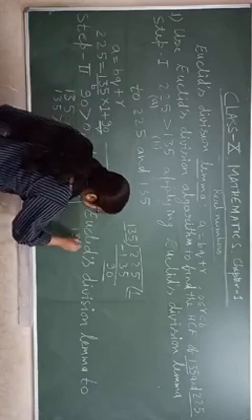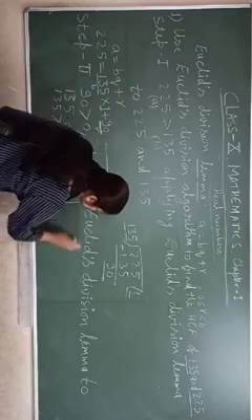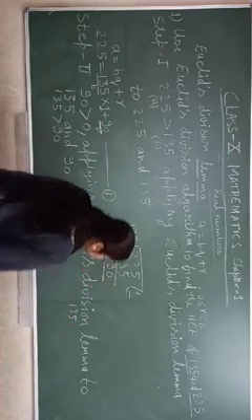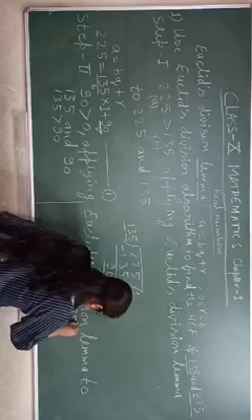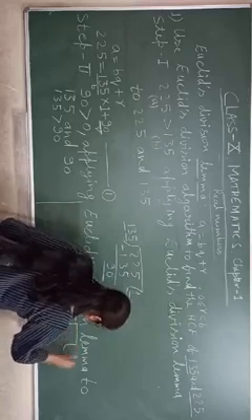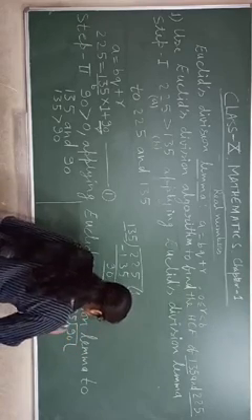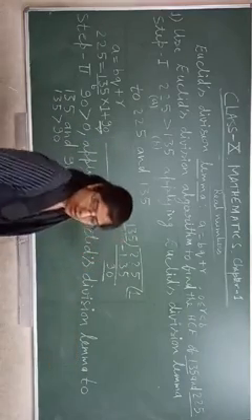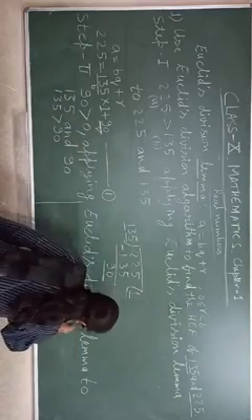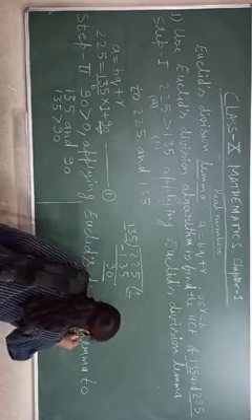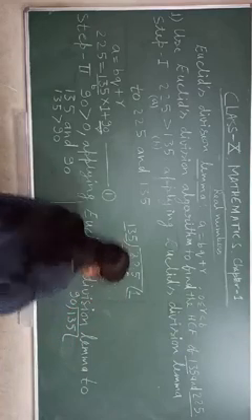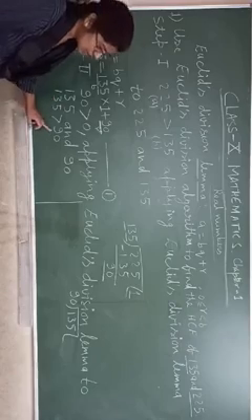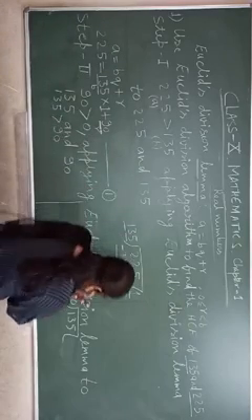Here 135, we will divide first. 135 divided by 90. Okay, 135 is greater than 90, so we will divide here.